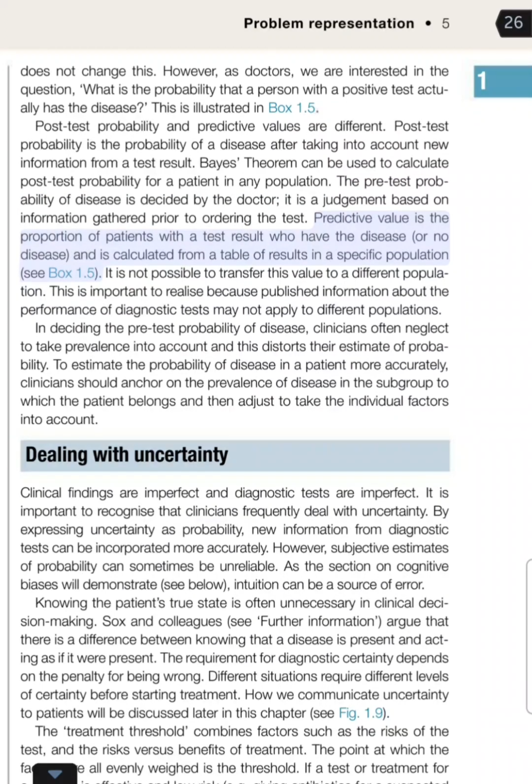Predictive value is the proportion of patients with a test result who have the disease or no disease and is calculated from a table of results in a specific population, see box 1.5. It is not possible to transfer this value to a different population. This is important to realize because published information about the performance of diagnostic tests may not apply to different populations.